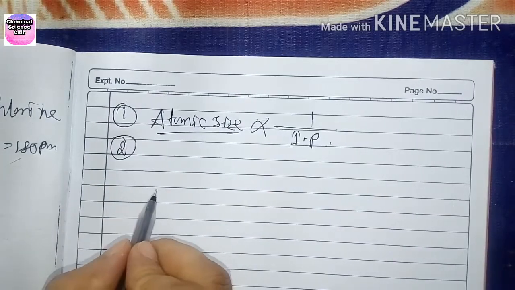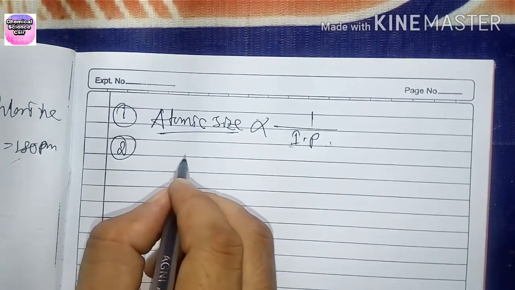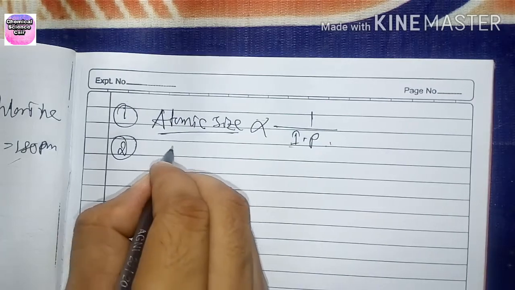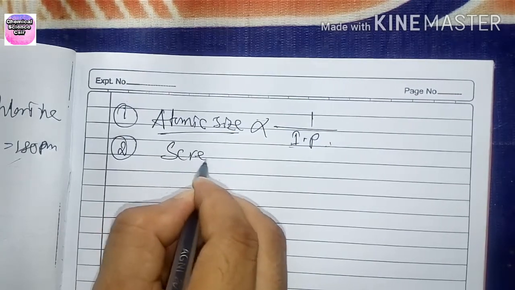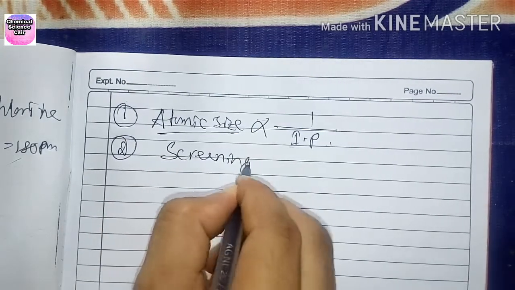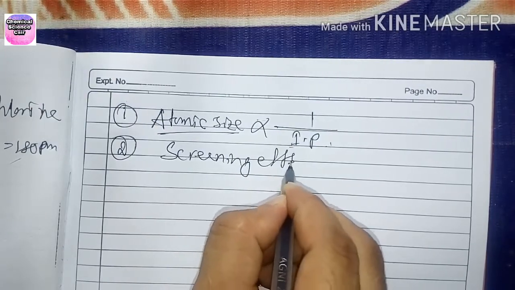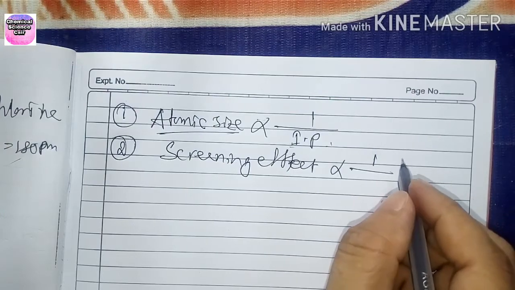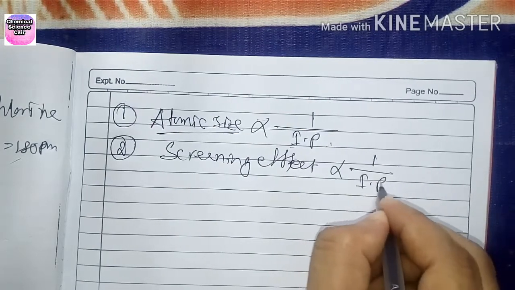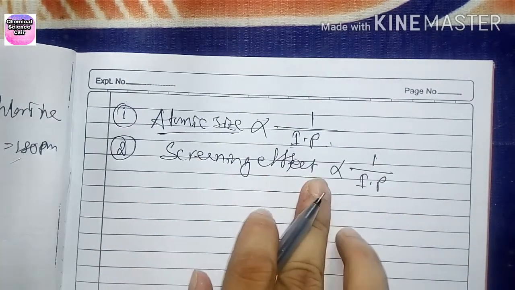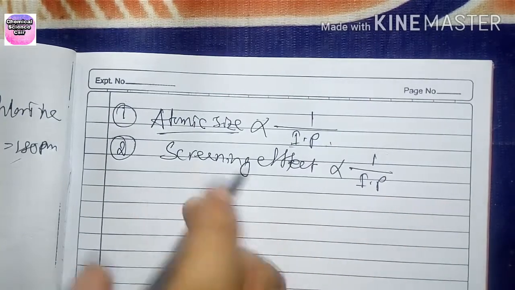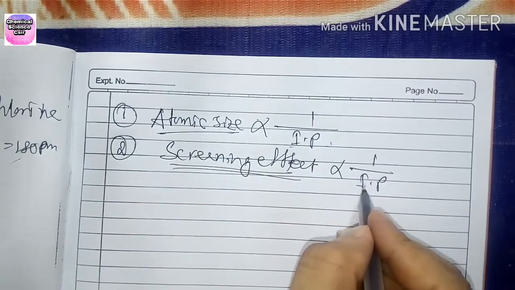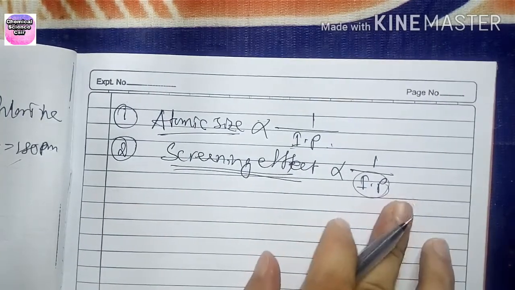Number 2: screening effect is also inversely proportional to IP. That means if the screening effect is maximum, then ionization enthalpy is minimum.